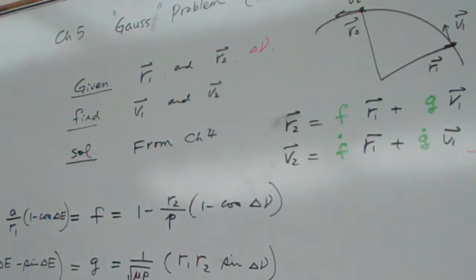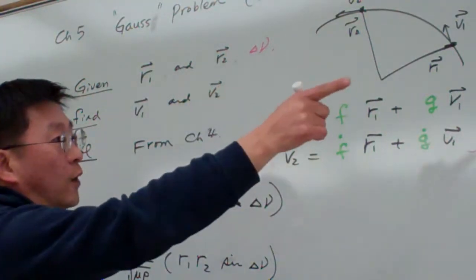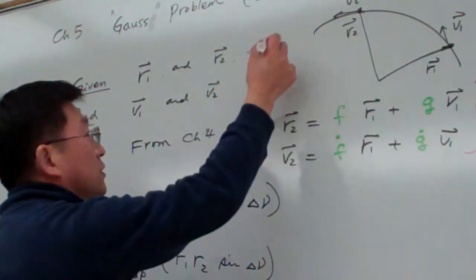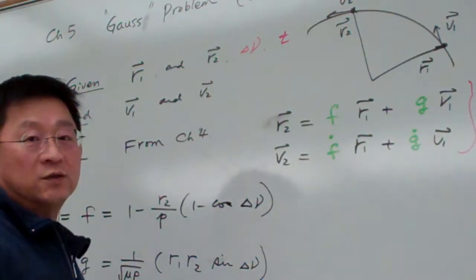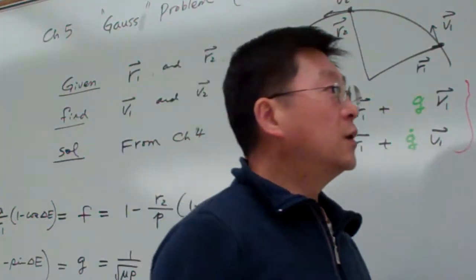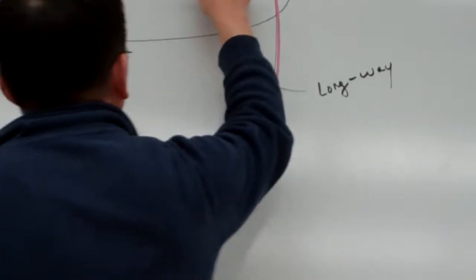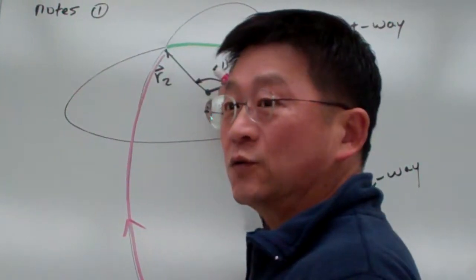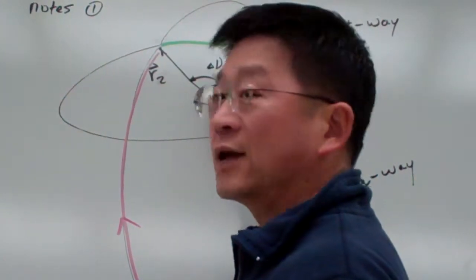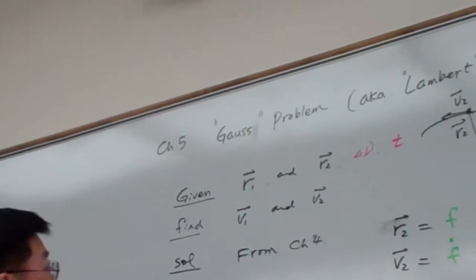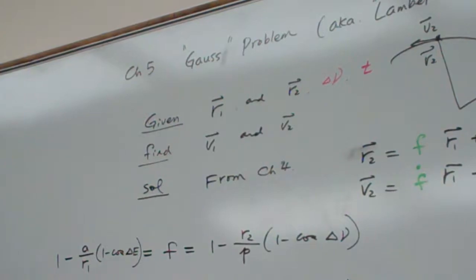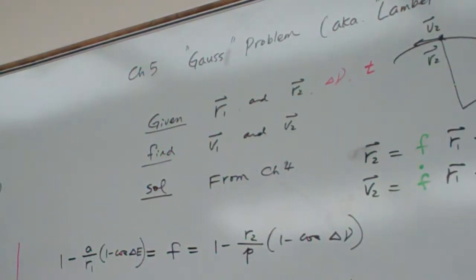Once we know this, and once we determine the orbit, the time of flight can be determined. Because once we know delta nu, then using Kepler's equations, we can determine the time of flight. So assume that t is given here. From here you can see we have 7 of those equations.